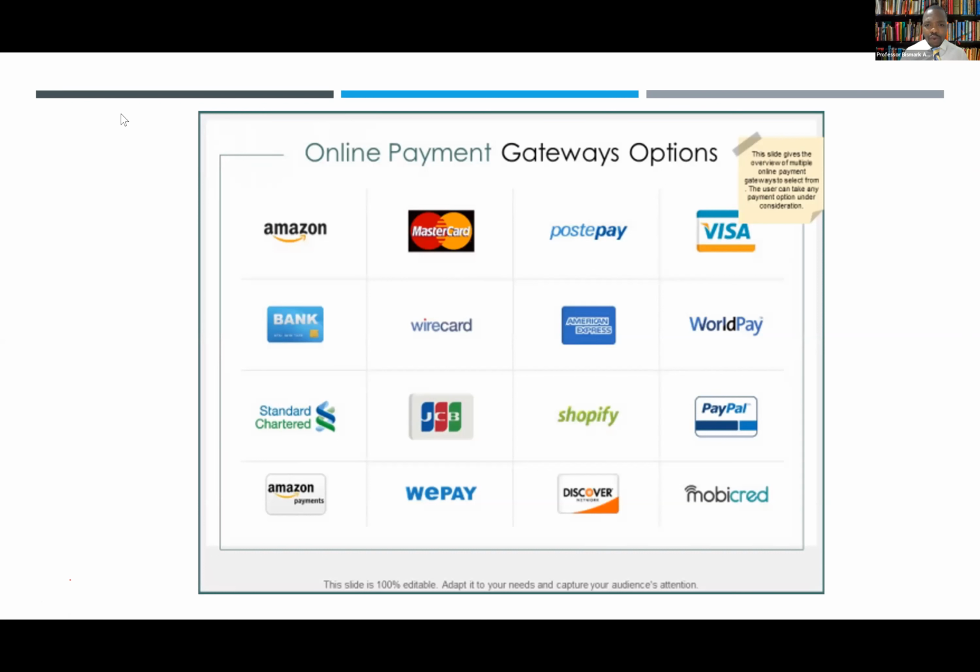There's so many more different online payment gateways that individuals use. Amazon, MasterCard, Visa. These are very, very popular across the world, especially PayPal.